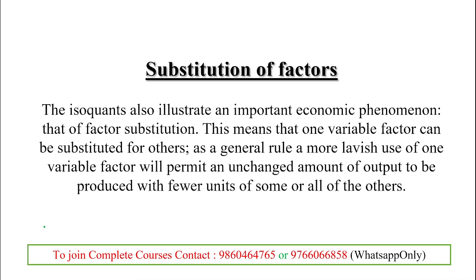Generally, if we use one factor lavishly, it will be ruined or reduced, which causes loss for the business firm. Instead of that resource we can use another factor to make the firm more profitable. So this substitution will make the business firm more profitable.